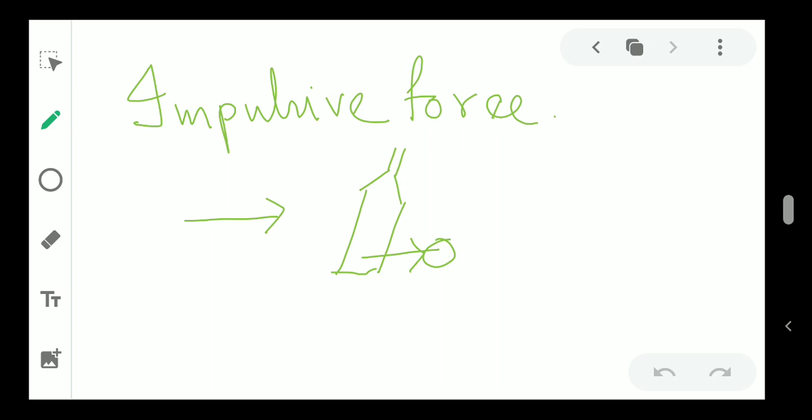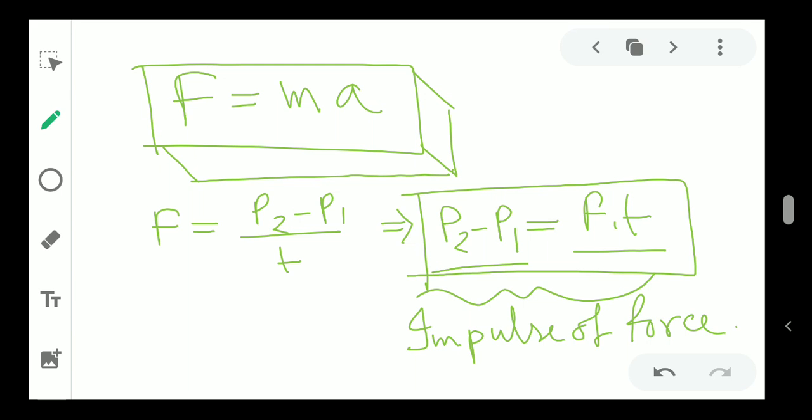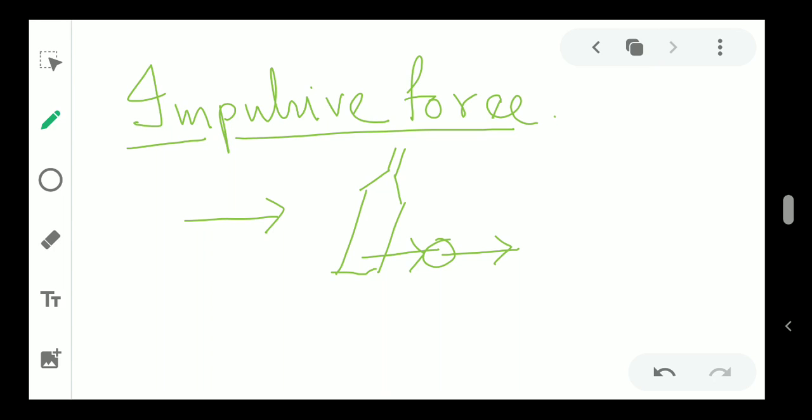That means it happens quickly, in very little time, and with a huge amount of force. When it happens, it is called impulsive force. But impulse of a force and impulsive force are not the same thing. Okay, so these two things are really important here.